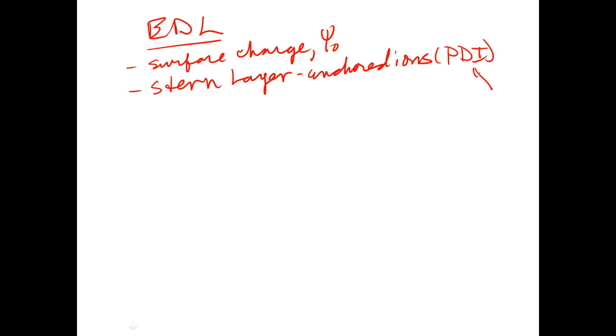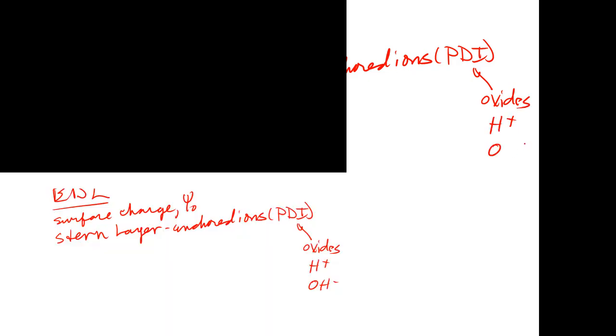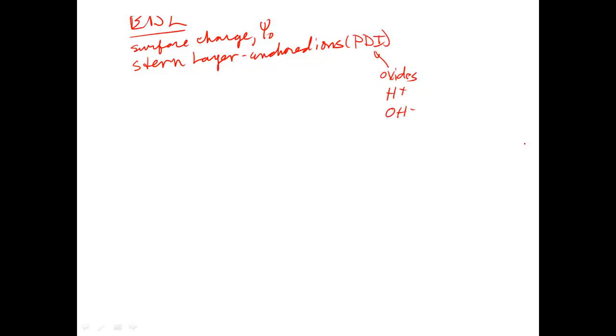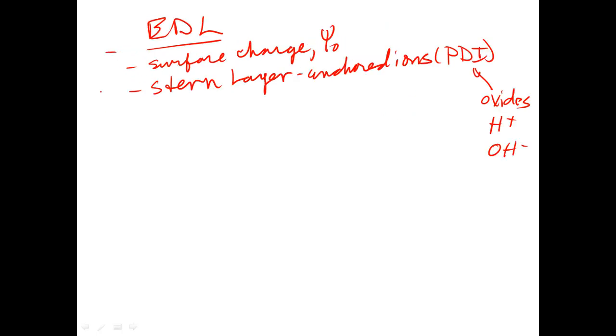For oxides, this would be hydrogen ion, hydroxide ion. And at the stern layer, we approximate the zeta potential, which we'll use as an approximation for the surface charge, which is difficult to measure.